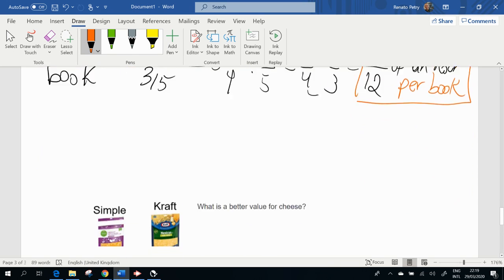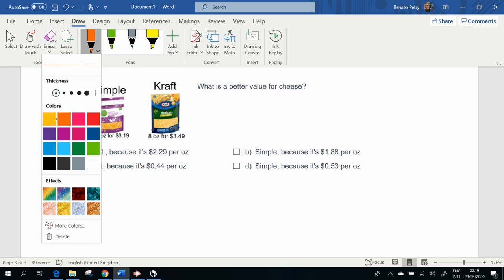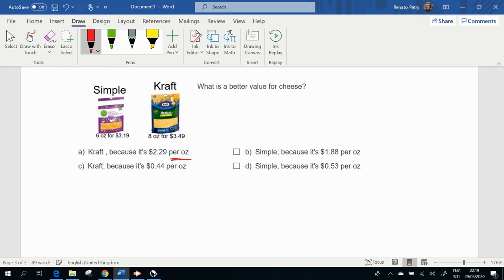Okay, pay attention to this. This can be really misleading. This situation is also interesting because since you have the alternatives, you have to read the alternatives first, and we could notice that all the alternatives have "per ounce," which means that my ounces have to go in the denominator of my ratio.